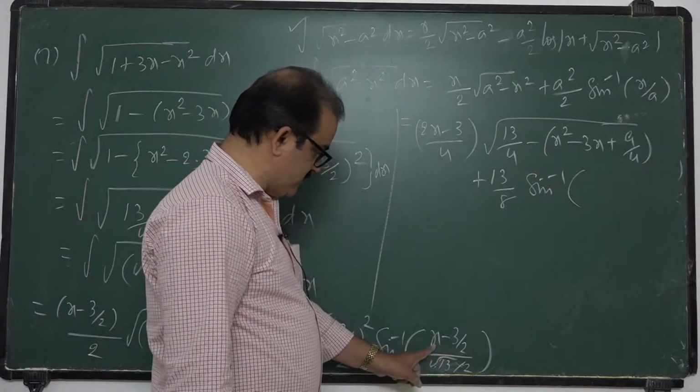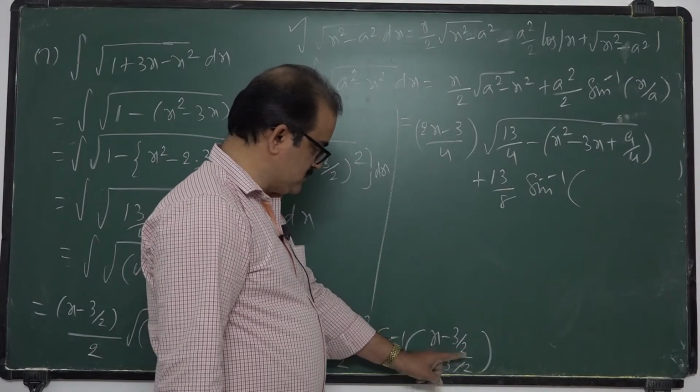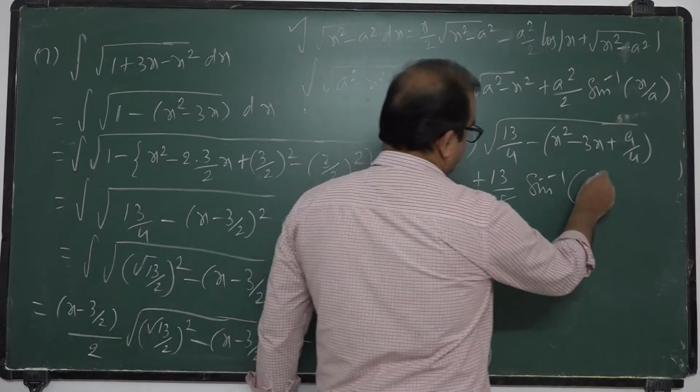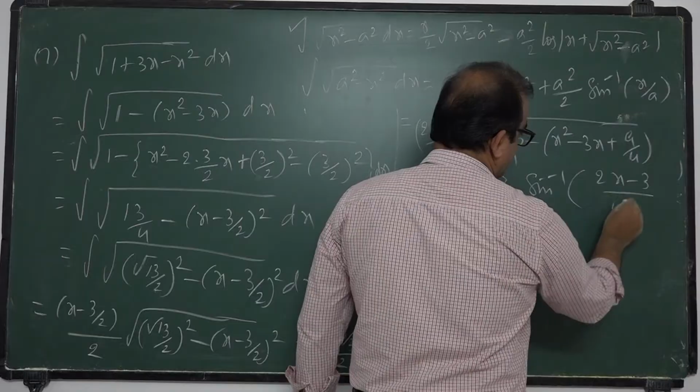What is the LCM of numerator? 2. This 2 and this 2 cancel. So we get 2x minus 3 by root 13.